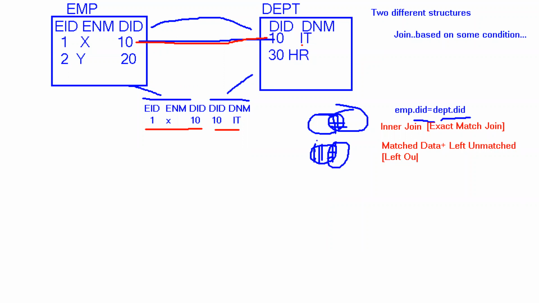This is called left outer join. What do you call this? Left outer join. Matched data plus left-hand side unmatched data, so we call it a left outer join.